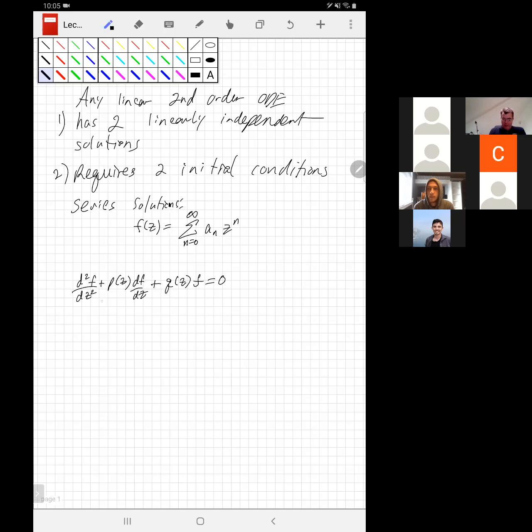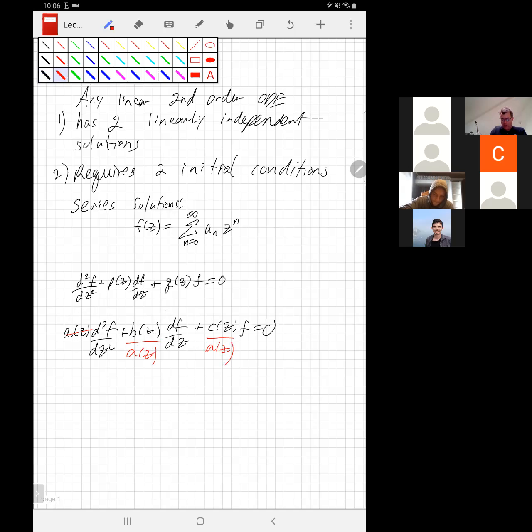Now, a lot of the time the equations are actually written in a different form. They're written as a of z d squared f dz squared plus b of z df dz plus c of z f equals 0. But what I'm doing is dividing everything by a of z.